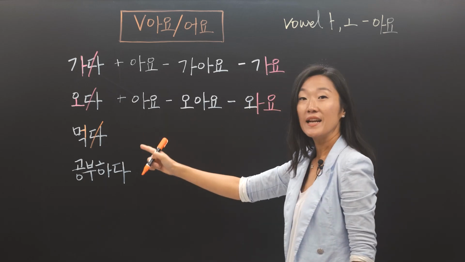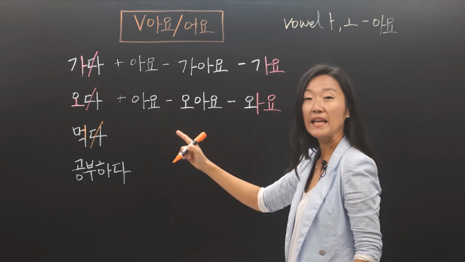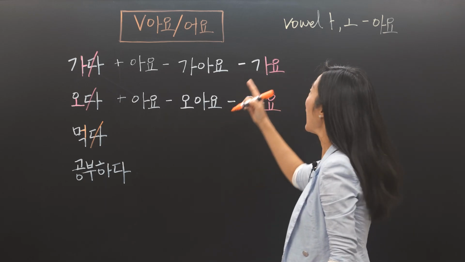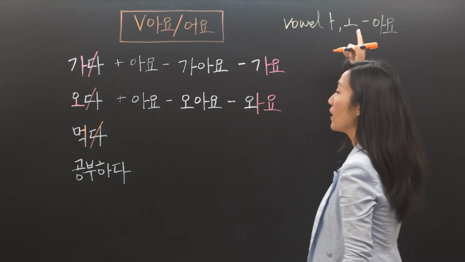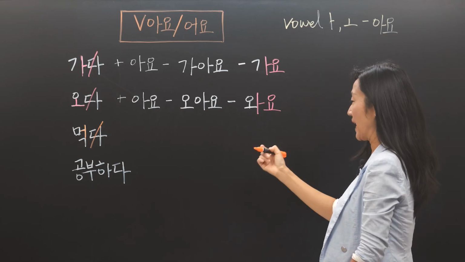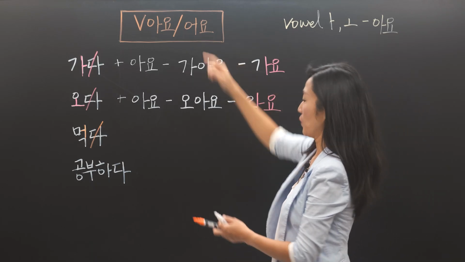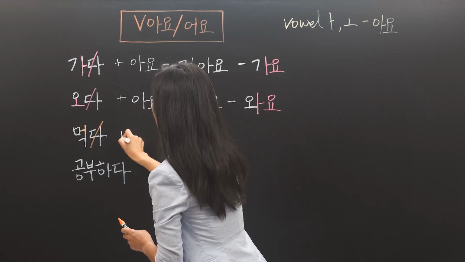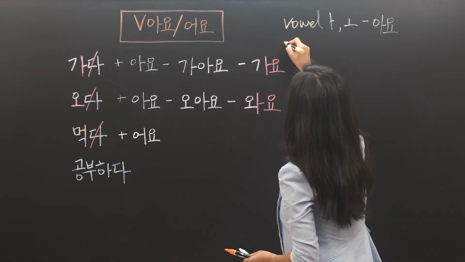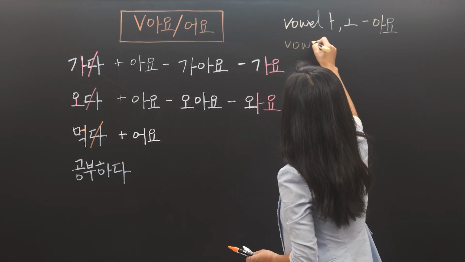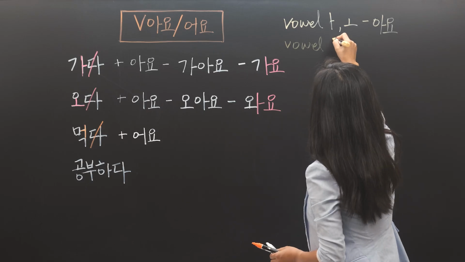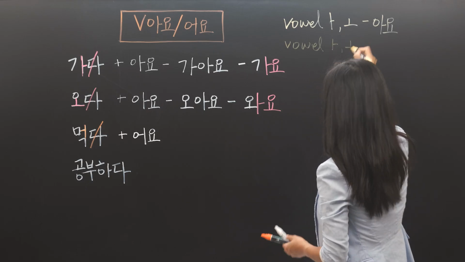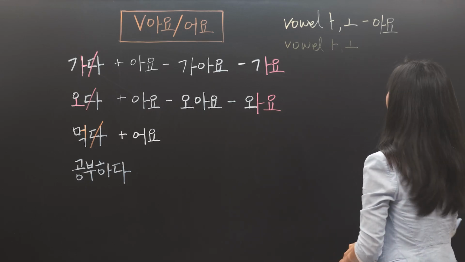If the last vowel is anything other than a or o, we add 어요. So, vowel. Anything other than a or o.